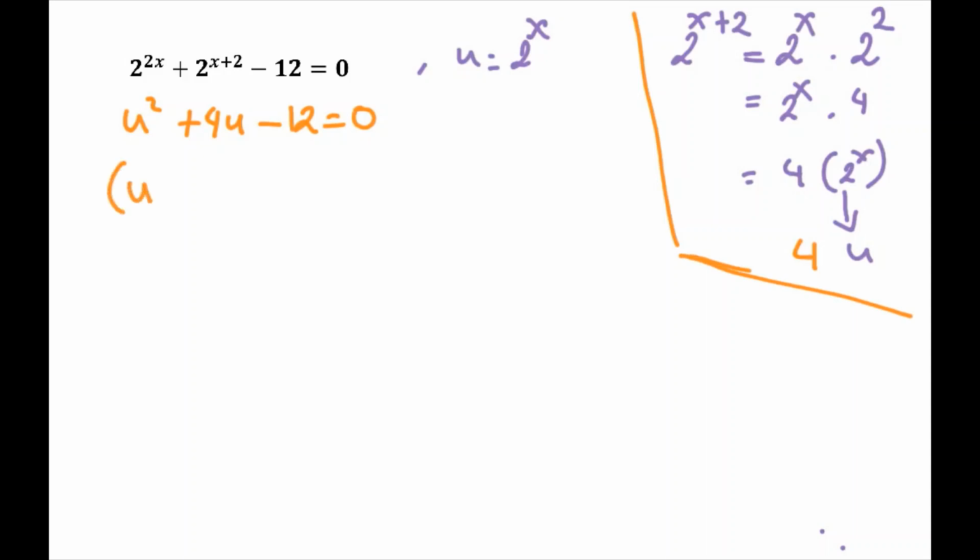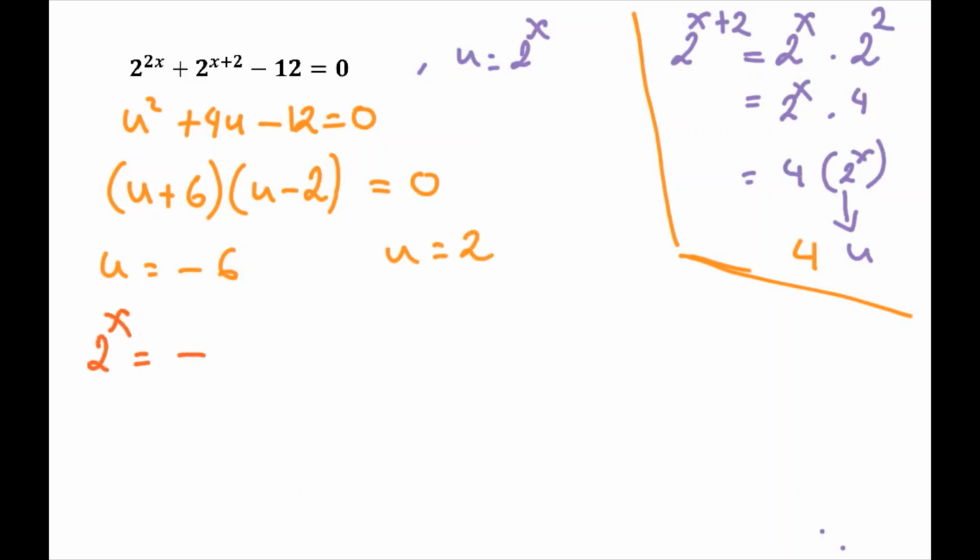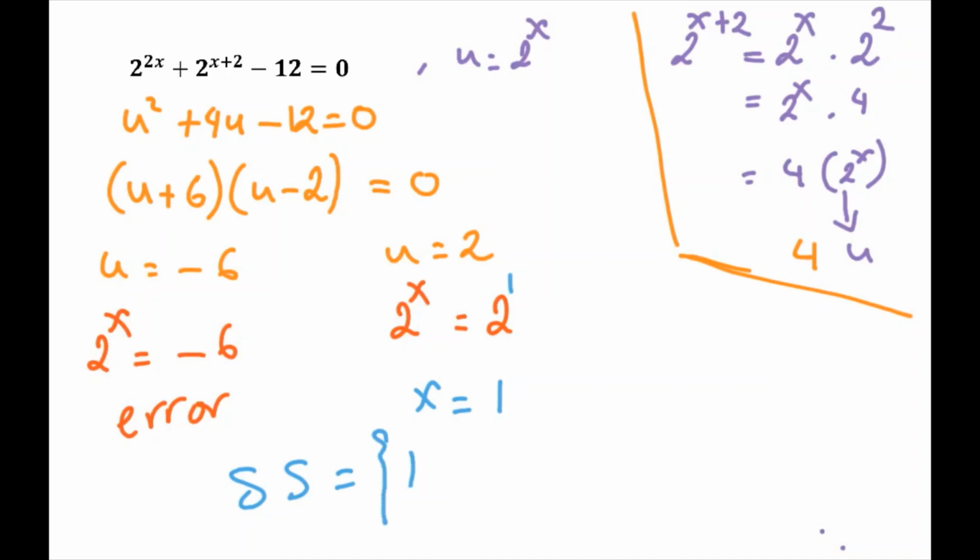Then you factor: u plus 6, u minus 2 equal to 0, u equals negative 6, and u equals 2. Now, u is basically 2 to the power of x equals negative 6, and that's an error again. 2 to the power of x equals 2, that's 2 to the power of 1, so x equals 1. So again, the solution set is 1.